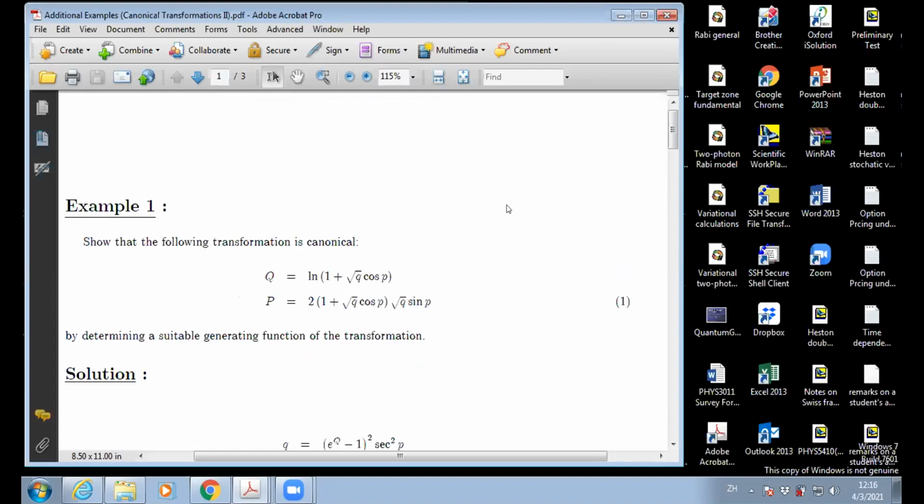Just like a coordinate transformation. Because we know the well-known transformations, like from Cartesian coordinates to spherical coordinates or to cylindrical coordinates, right? But there are other coordinates. Do you know that? Like parabolic, elliptical.